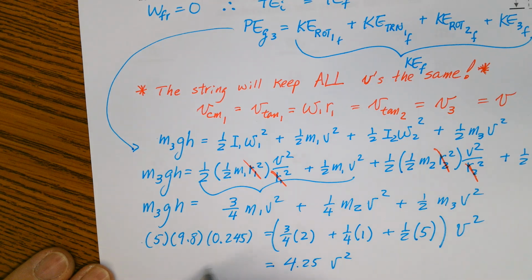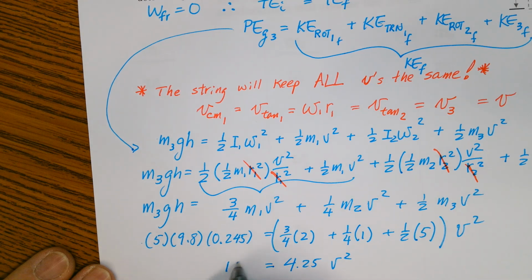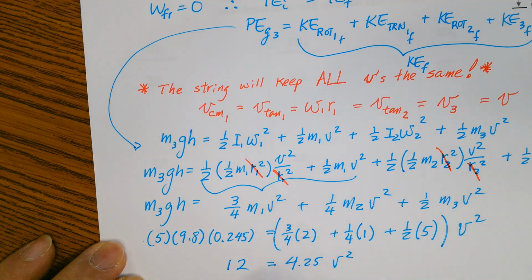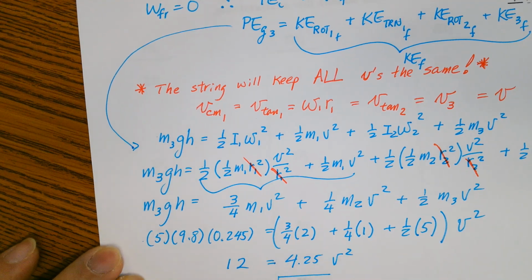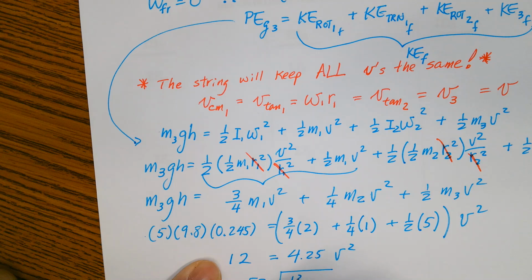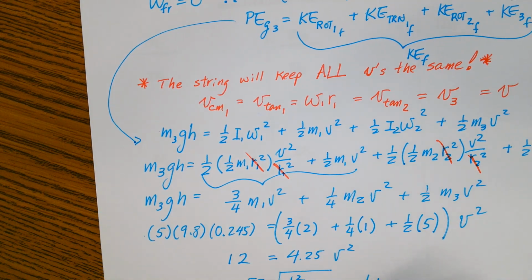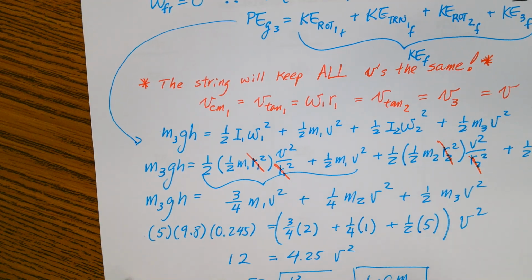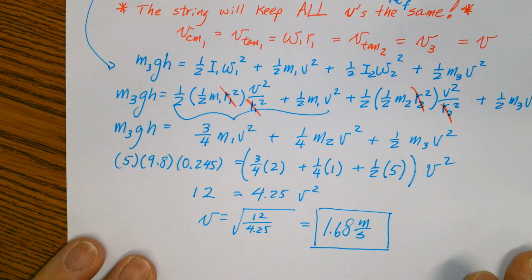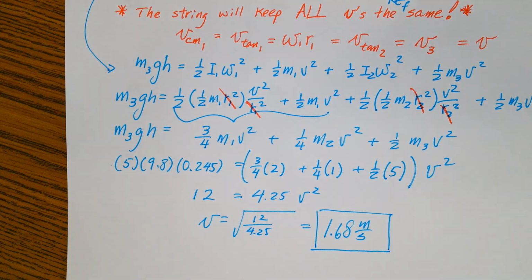Multiply all this out, and I think you get something like 12 joules. So your V is equal to the square root of 12 divided by 4.25, which comes out to 1.68 meters per second. Check my math, just in case.